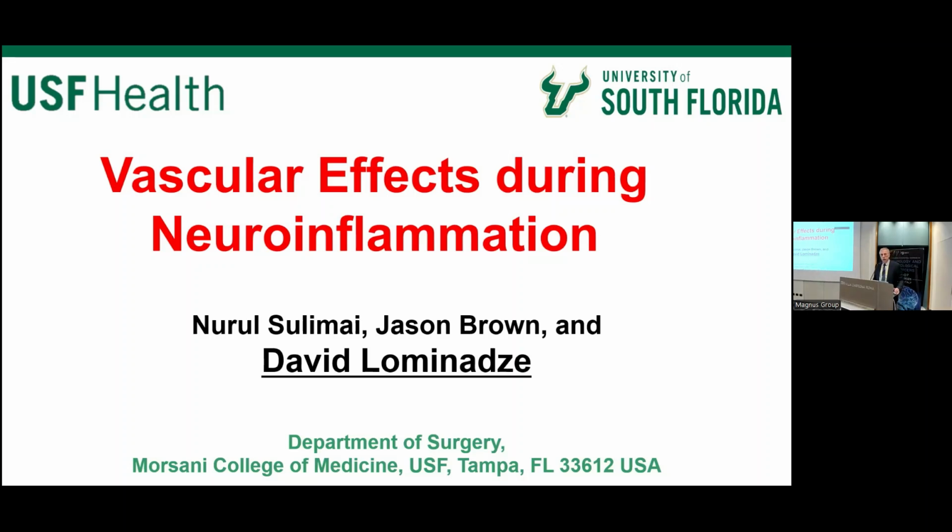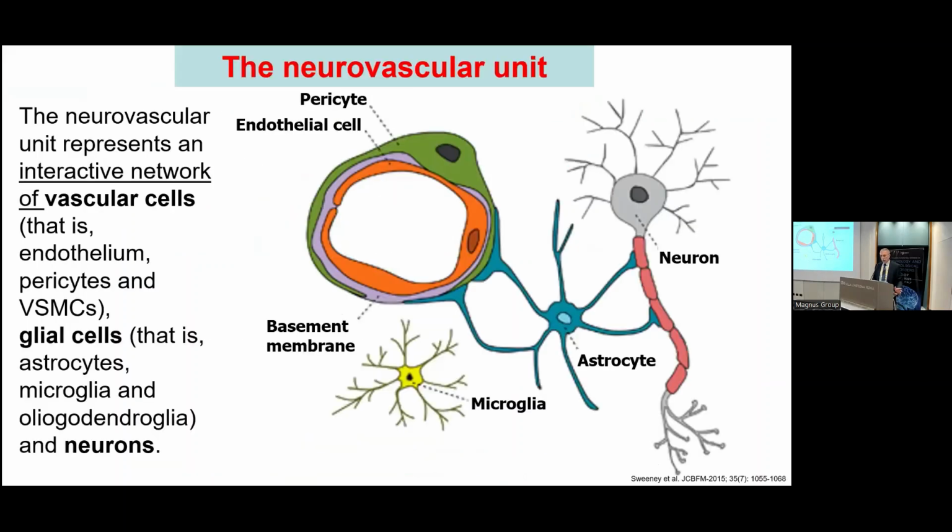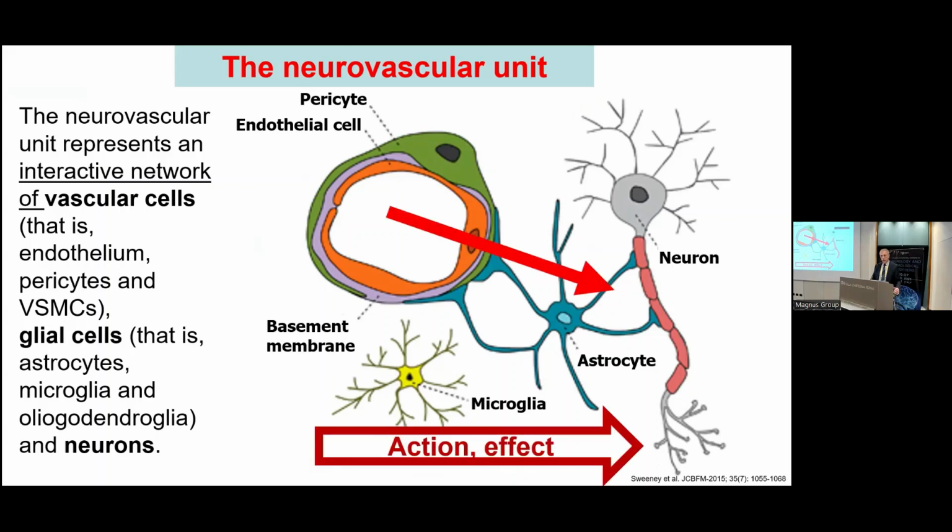I am honored to continue today's presentations, and my talk will be related to vascular effects during neuroinflammation. Everybody knows what the neurovascular unit is and how it works, but what if effects are coming from vasculature to neurons?